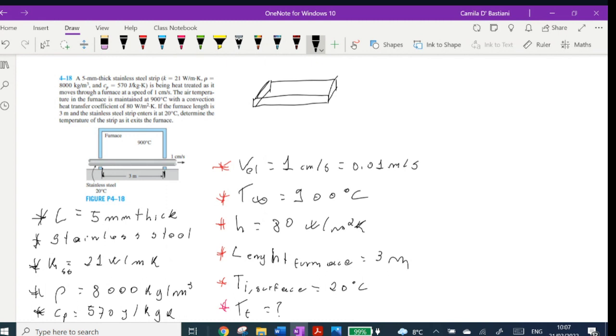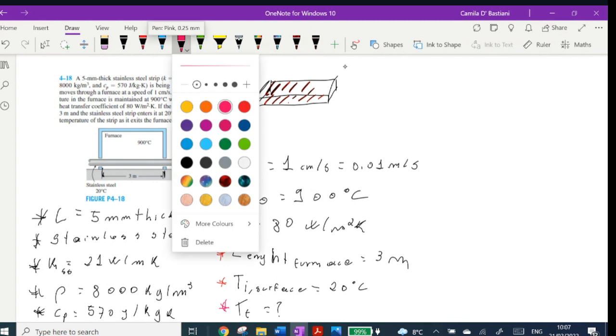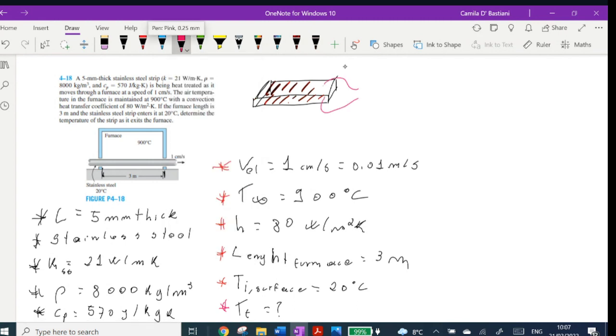And as this strip is passing inside our system, I have an area in the top and an area in the bottom that are subject to this heat transfer, okay? So my heat transfer is occurring in the top and in the bottom, okay? So I can see that I have two side areas subject to this heat transfer.